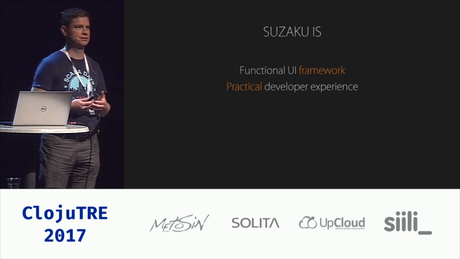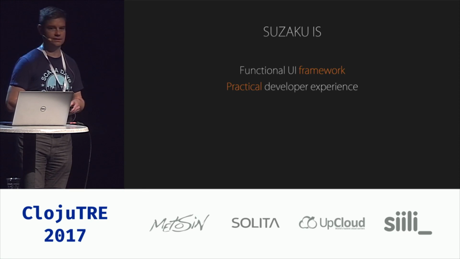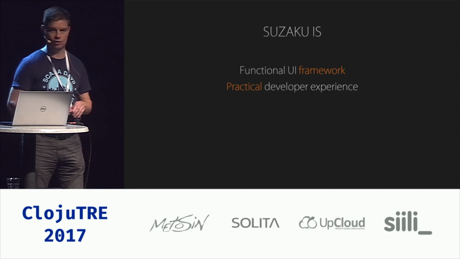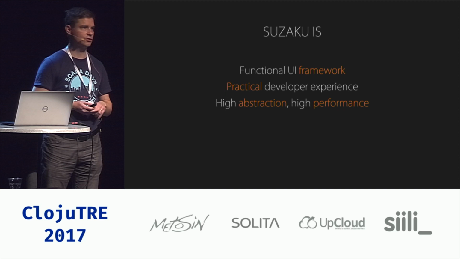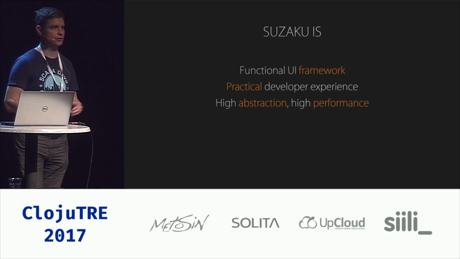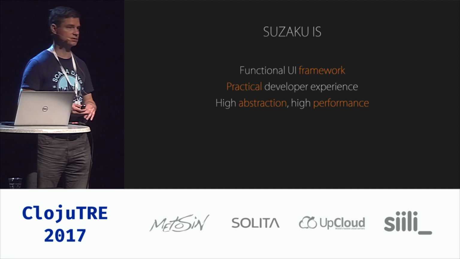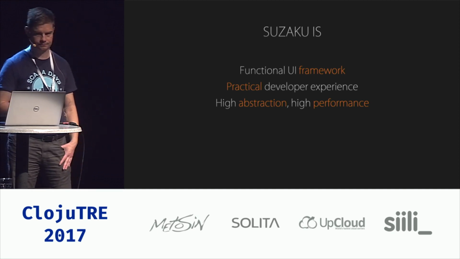It's all about minimizing the hassle, improving the productivity of the developer, and providing all the tools and libraries that the developer actually needs. It has a relatively high abstraction compared to other libraries out there, but even with this high abstraction, it also offers high performance, especially considering the user-perceived performance from using multiple cores.